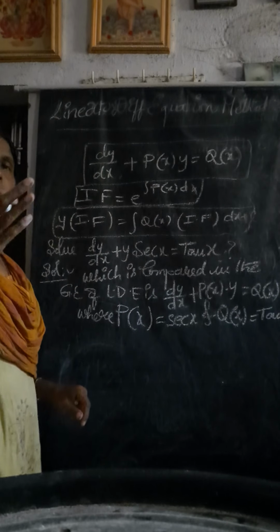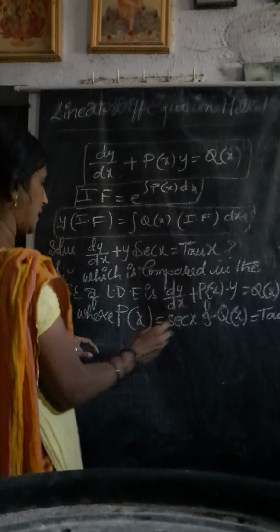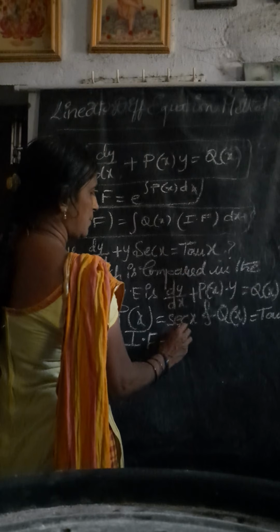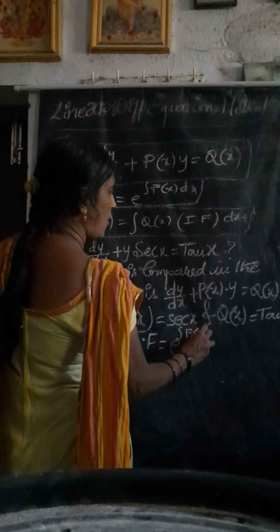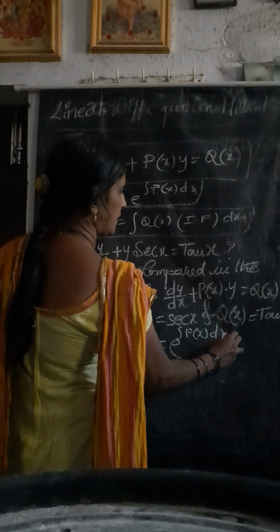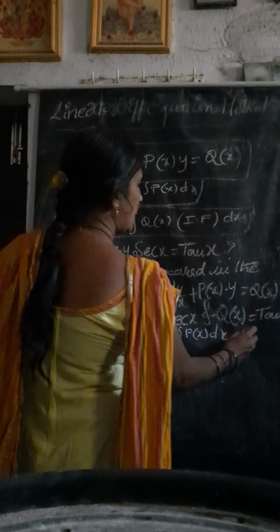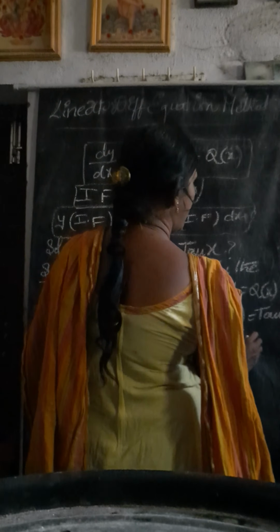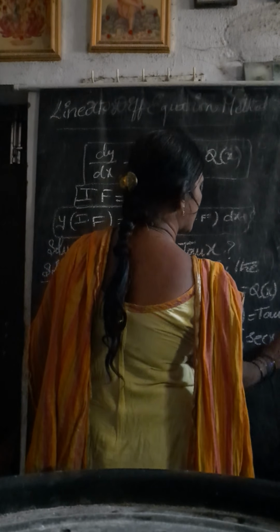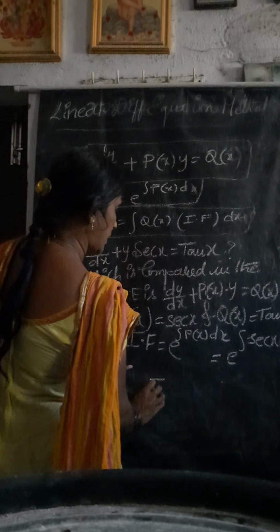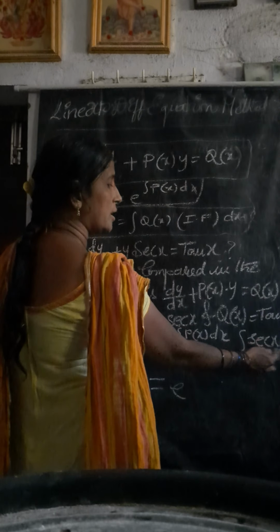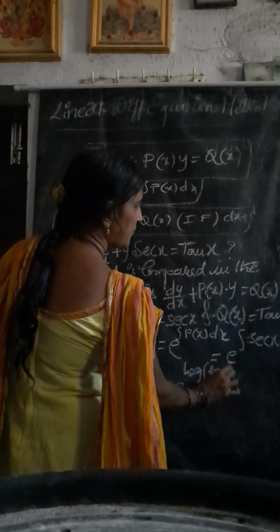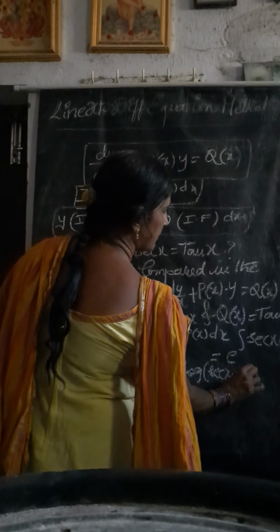Next, we have to find the integrating factor. The integrating factor IF equals e power integral of p of x dx, that is e power integral of secant x dx. The integral of secant x is log of secant x plus tan x.